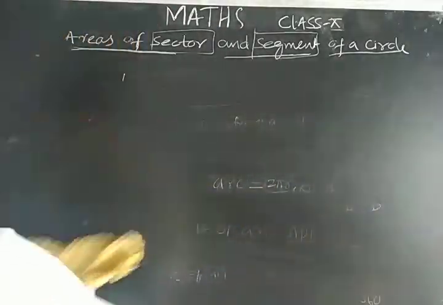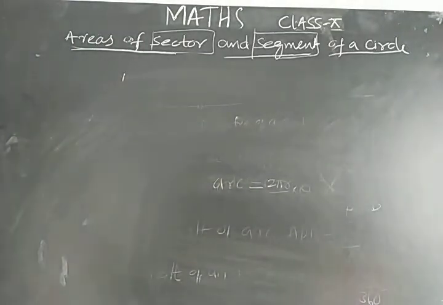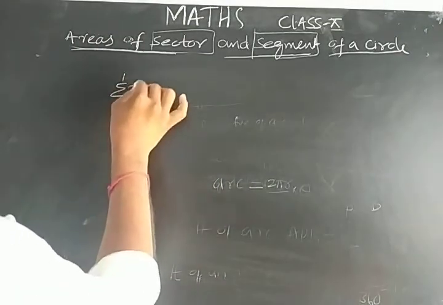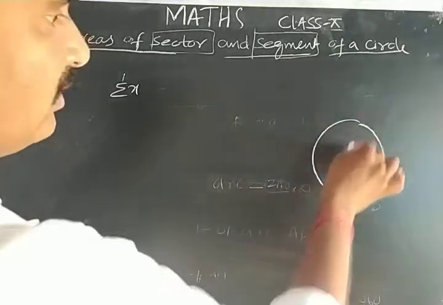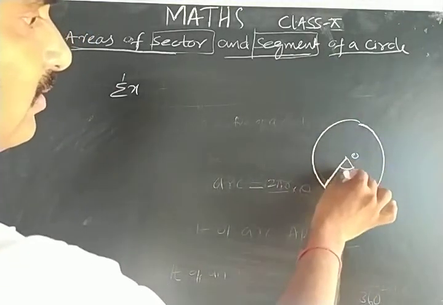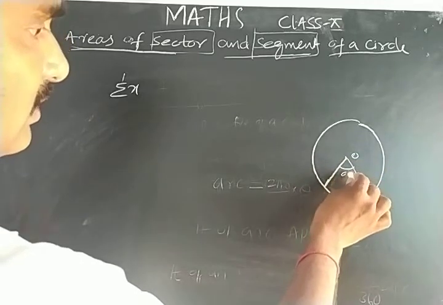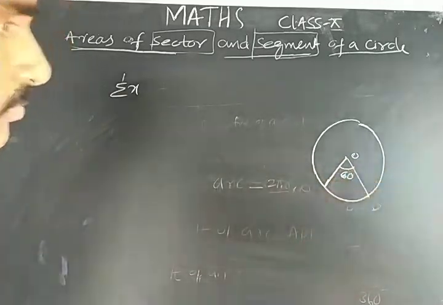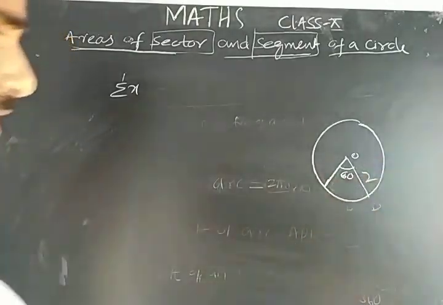Now let us do some problems. Example. Suppose the angle at center is 60 degrees, radius 2 centimeters.